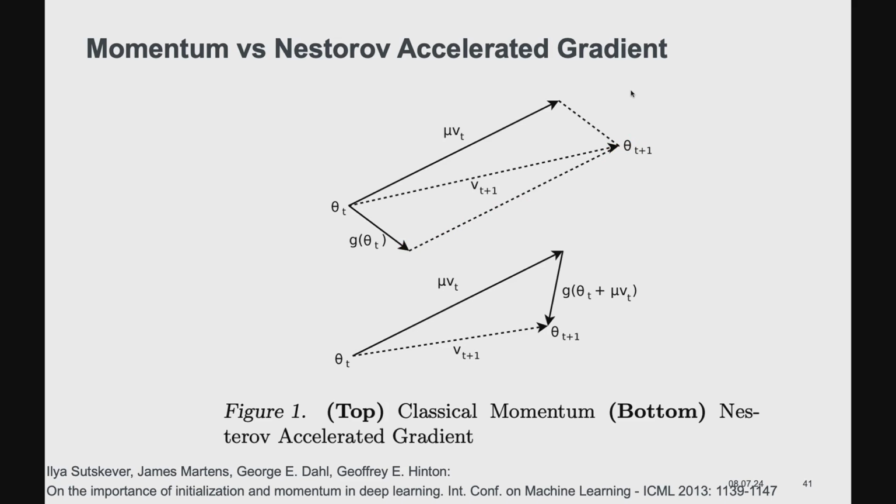The little bit awkward thing is that you're guaranteed to be transported from here to there, but you measure the gradient not at this point, but at this point. And so the idea of Nesterov accelerated gradient takes this idea and says, I'm here and I have some velocity, some momentum. I'm guaranteed to move here first.